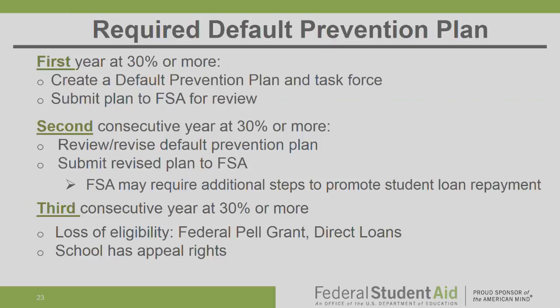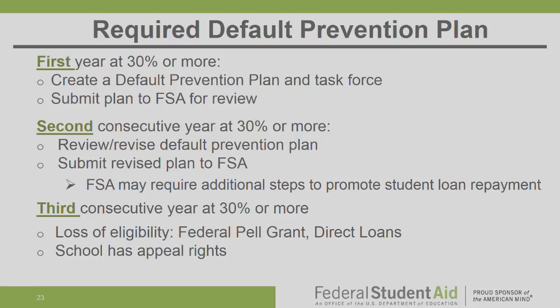So in the event that you have a CDR that's 30% or greater, the first year you must complete your plan and you must create a default prevention task force. And I'm going to talk a little bit about the task force and who is included on that task force. And you must submit that plan to the department.